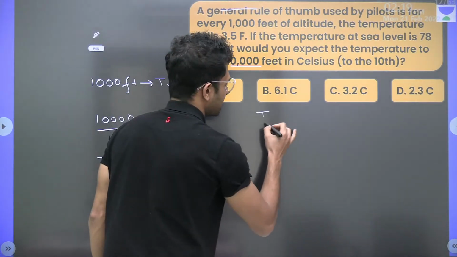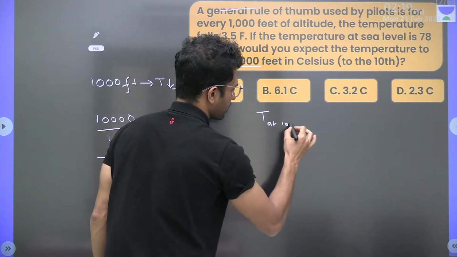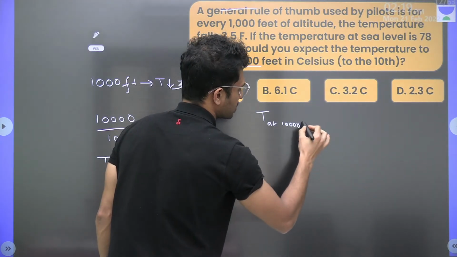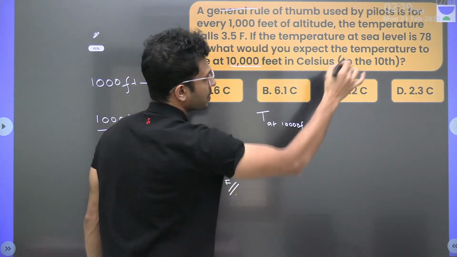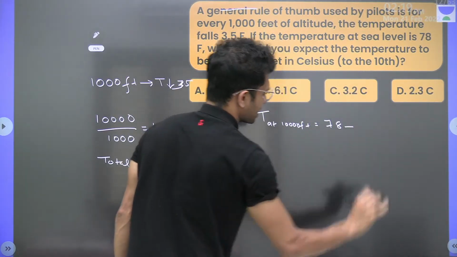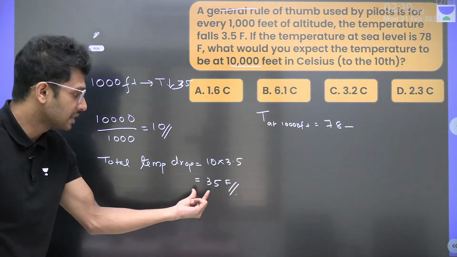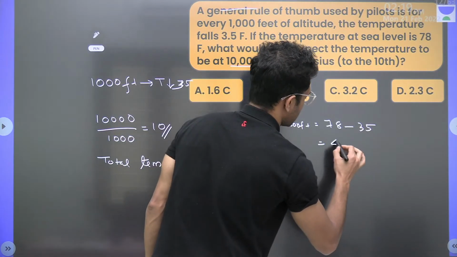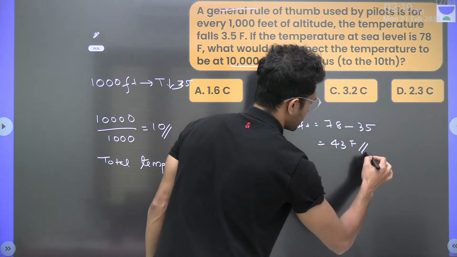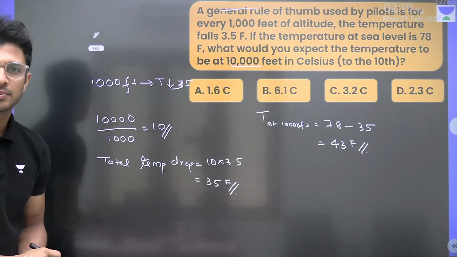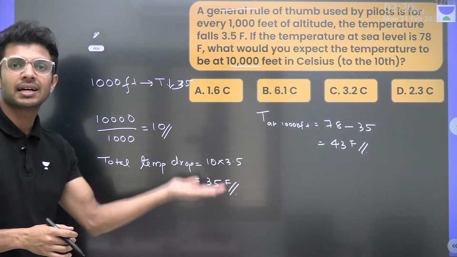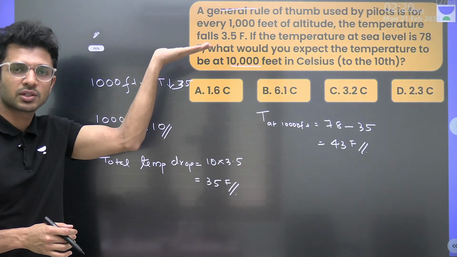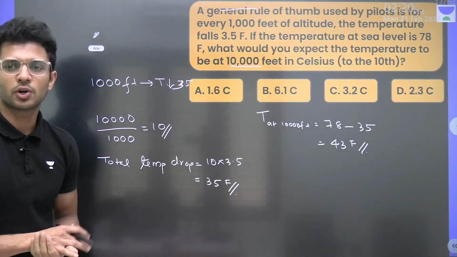So we'll write temperature at 10,000 feet is equal to, from 78, subtract the decrease in temperature, 35. So how much will we get? This will be 43 Fahrenheit. Which means at a height of 10,000 feet, the temperature is found to be 43 Fahrenheit.